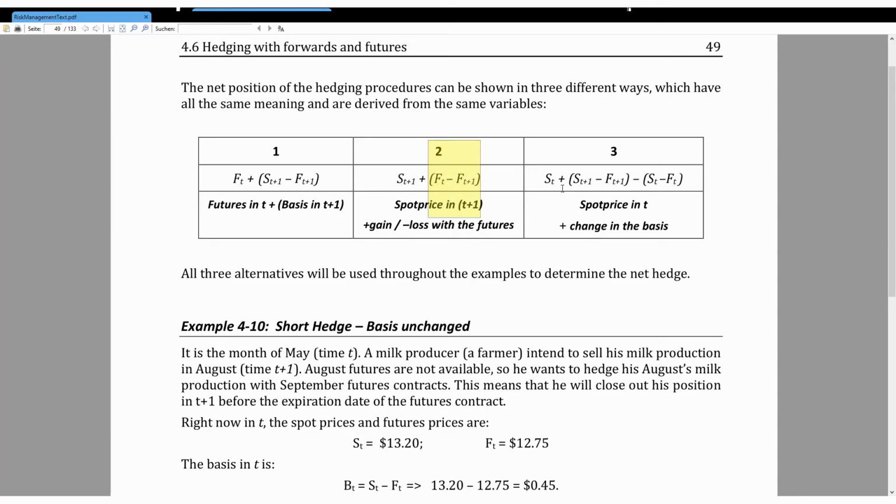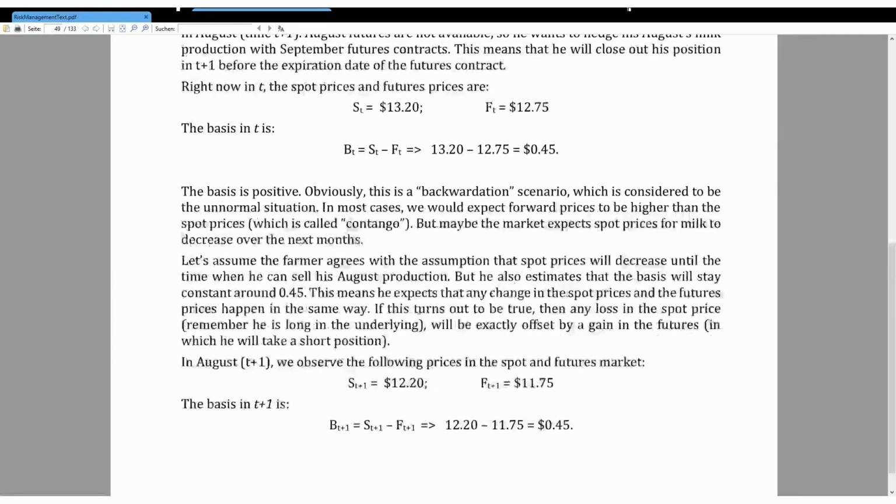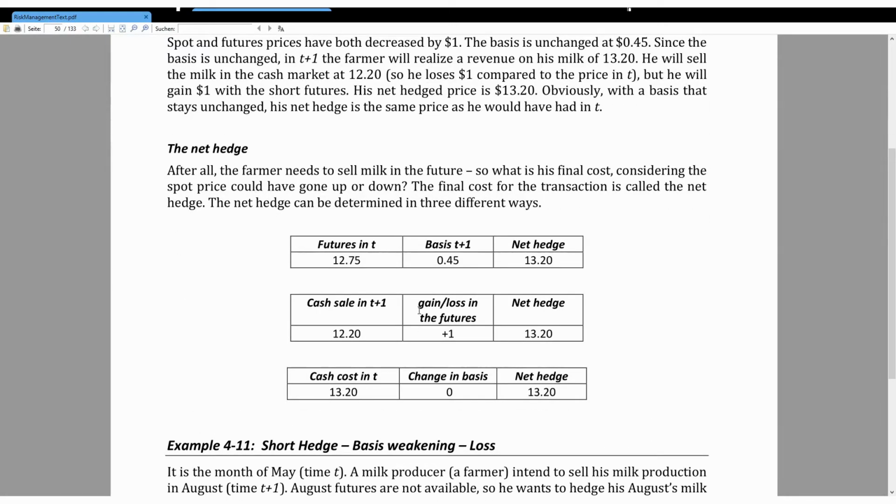We can also interpret the net hedge as the spot price at time T and then the change in the basis, because this expression here is nothing else but the basis at time T+1 minus the basis at time T. And this would be the change in the basis. All of these 3 equivalent ways are employed in the examples and the exercises, because the net hedge is always determined with either the first one or the second one or the third one.